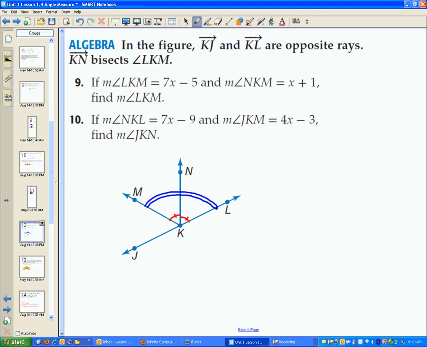So that indicates that the angle measure I'm getting ready to put in here runs all the way from this ray to this ray. So it's 7x minus 5. And the measure of angle NKM, this smaller angle, is x plus 1. So the measure of that one is x plus 1. And they want us to find the measure of angle LKM.